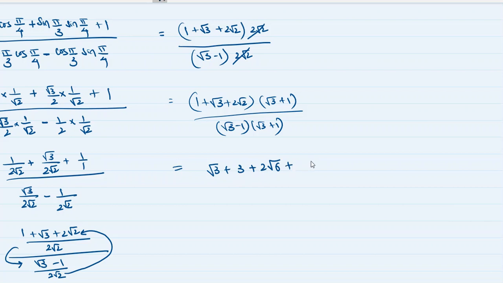Plus 1 will get multiplied, so you get 1 plus √3 plus 2√2. The whole upon √3 square minus 1 square. Okay, so we have √3 plus √3, 2√3.